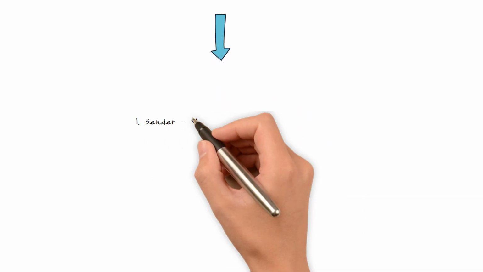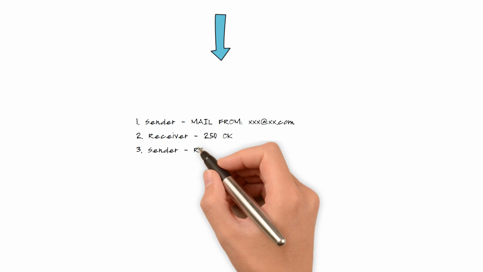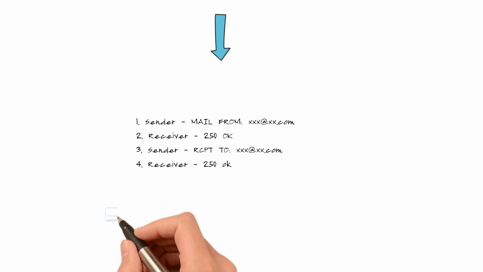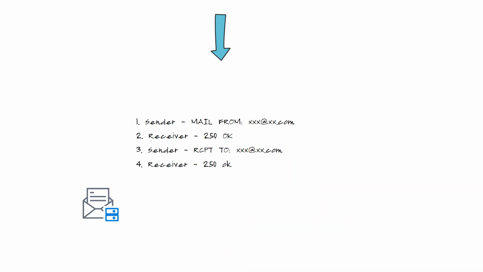The second part is the sender issuing the command MAIL FROM its own mailbox, like xxx@xx.com. The second step is the receiver replying, like the 250 reply, okay.